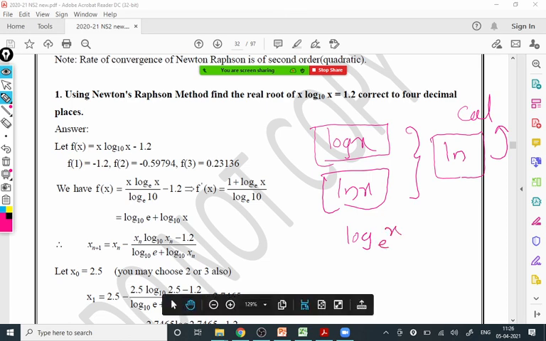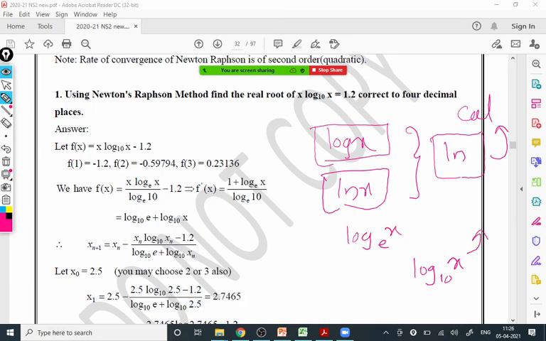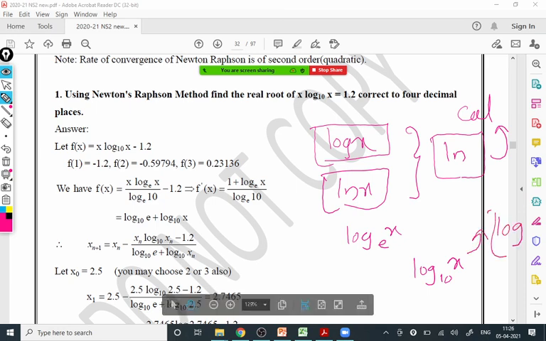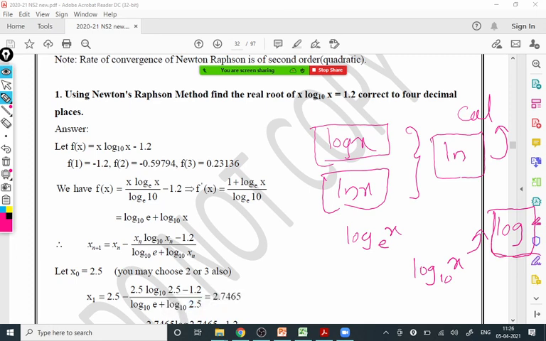So all these are the same. Generally, when the base is not written, it is assumed to be the natural log ln x. But when log x at the base 10 is written, you have to use the log tab of your calculator. This is one more important thing you should remember while doing a calculation.